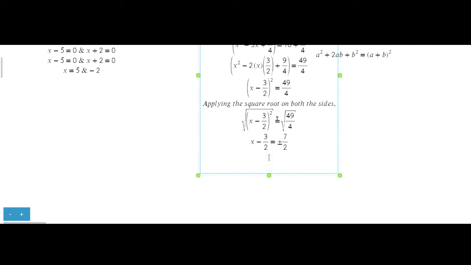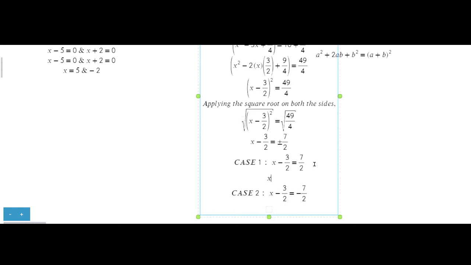Now there are two cases here. Case 1, when x minus 3 by 2 is equal to positive 7 by 2, and case 2 is when x minus 3 by 2 is equal to negative 7 by 2. So we'll solve the cases separately.